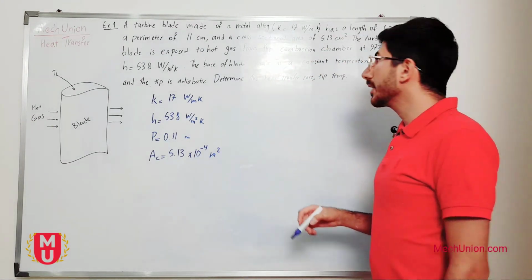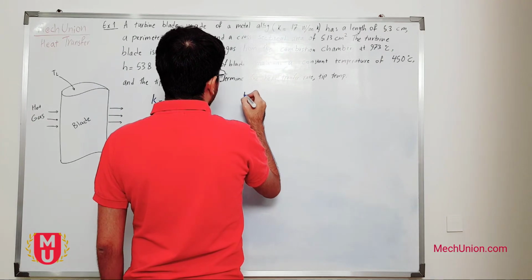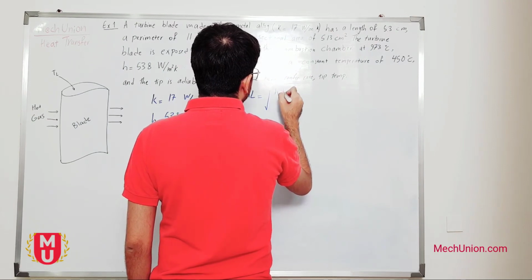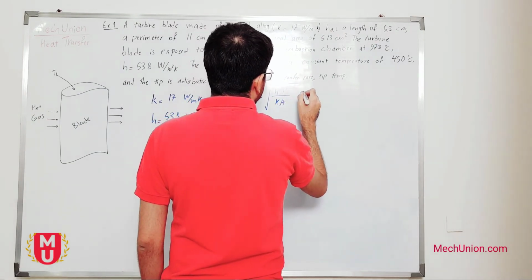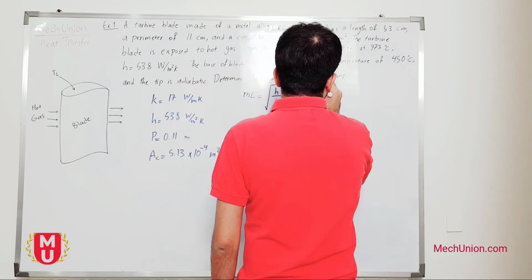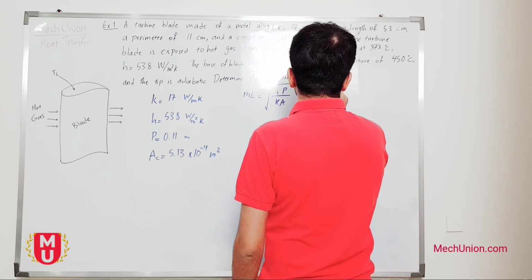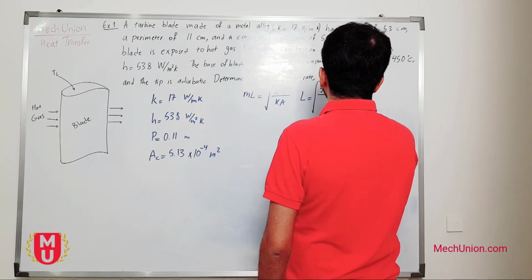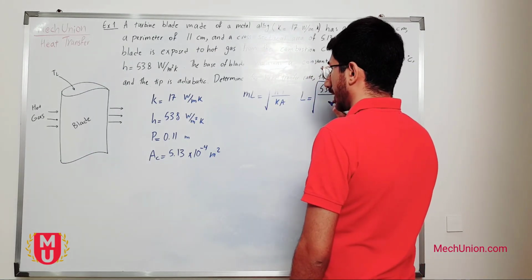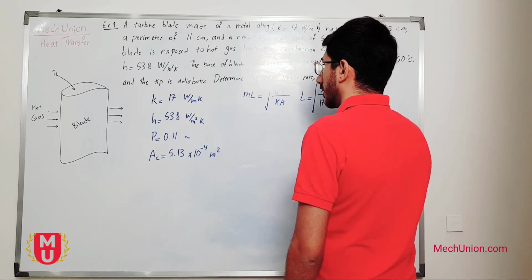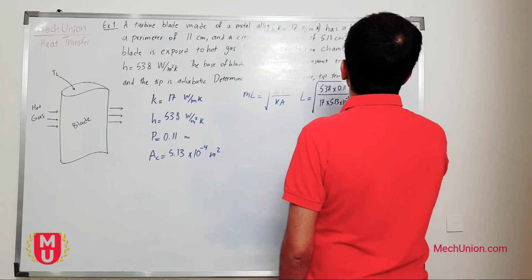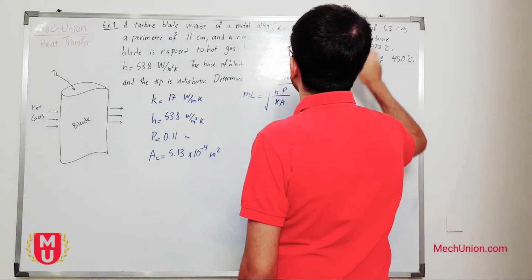Firstly, we calculate the mL, which was in our formula. m was square root of hP over Ka times L, which will be 538 times P 0.11 over K 17 times A 5.13 times 10 to the minus 4, and L, which is 5.3 length.